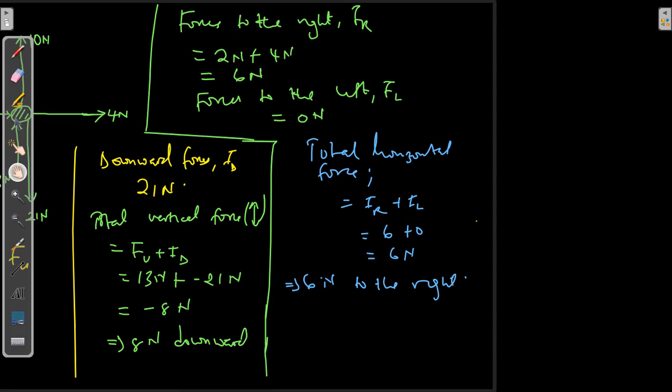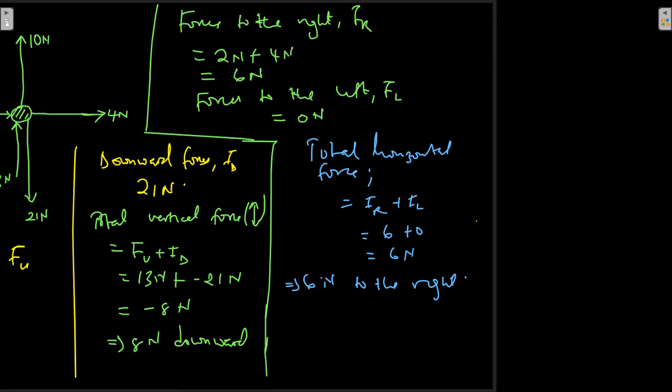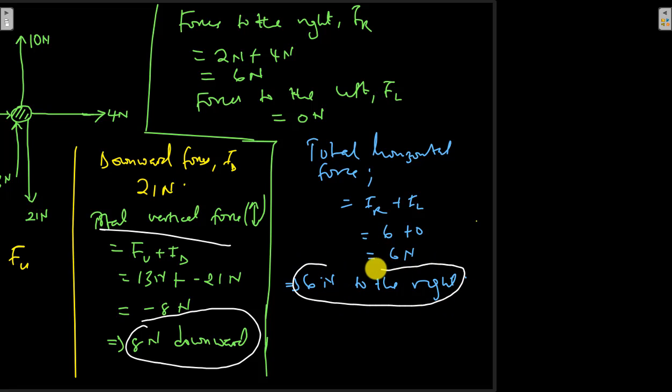What is important now is that we have the resultant or the total force in the vertical direction, and we also have the total force in the horizontal direction. So let's put those two forces together. We have 8 newtons downwards.